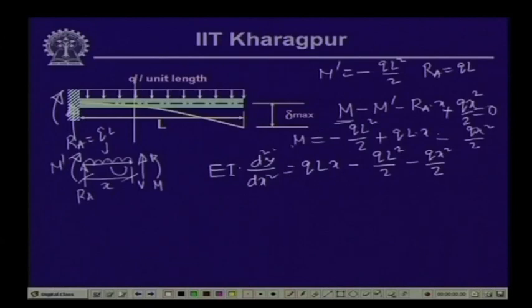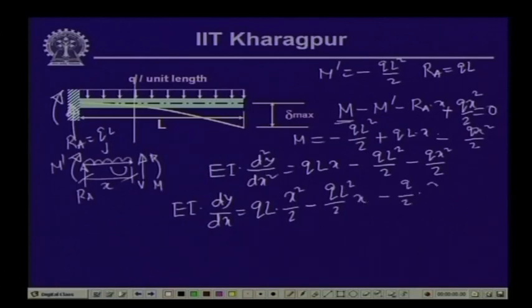Now, if I integrate this, we have EI dy/dx equals qL x²/2 minus qL²/2 x minus q/2 x³/3, plus the constant C1.